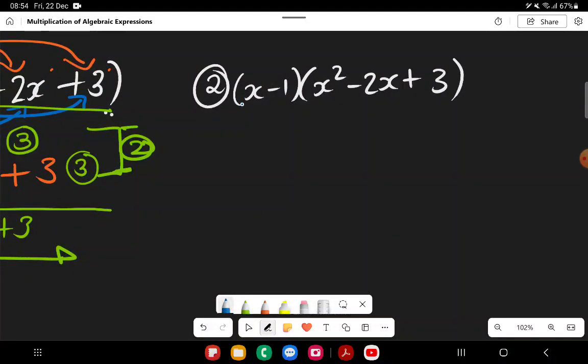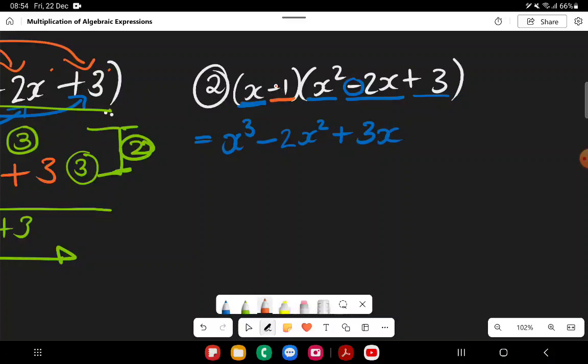Same thing. We first distribute the x. So x times x squared gives me x cubed. X times negative 2x, that's plus times minus is minus. 1 times 2 is 2. X times x is x squared. X times 3 is 3x.